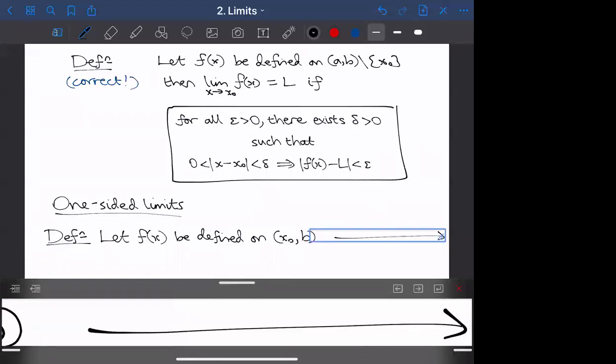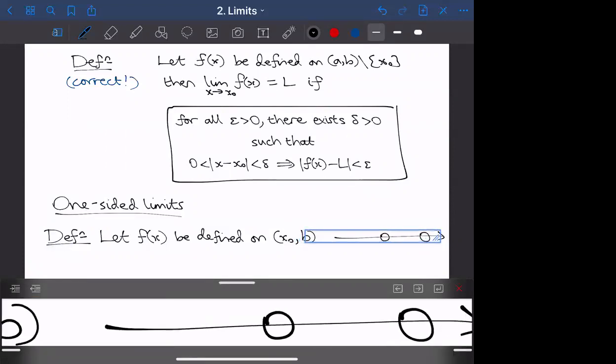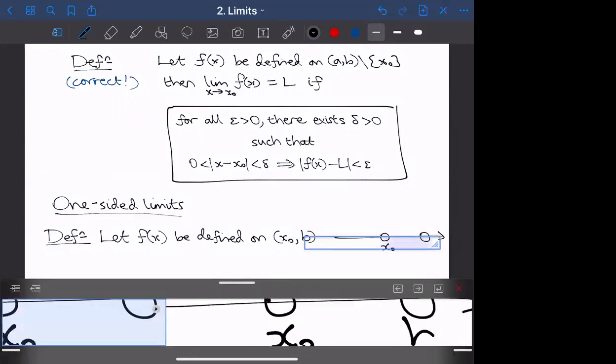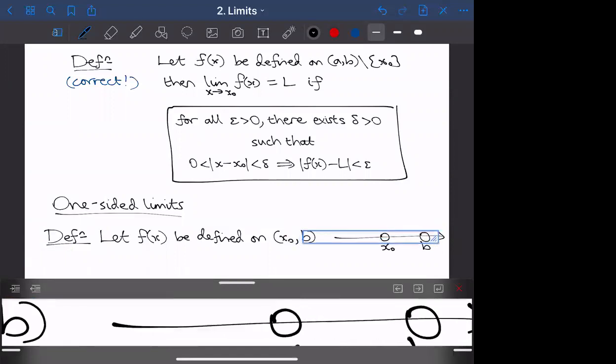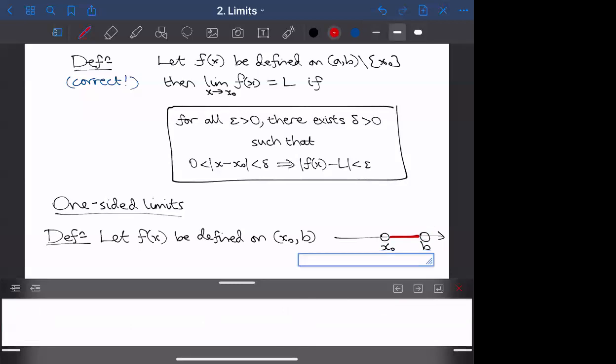So now the situation is slightly different. We have x0 and b, and we're asking that the function is just defined between them, but we're still going to take the limit at x0. Okay, so the domain of the function is that.